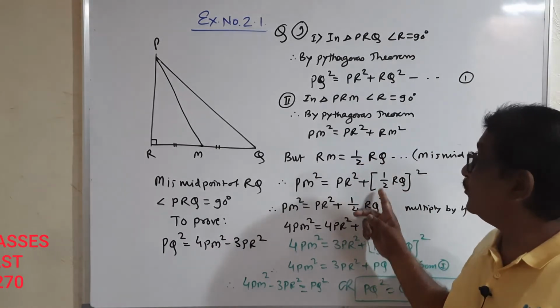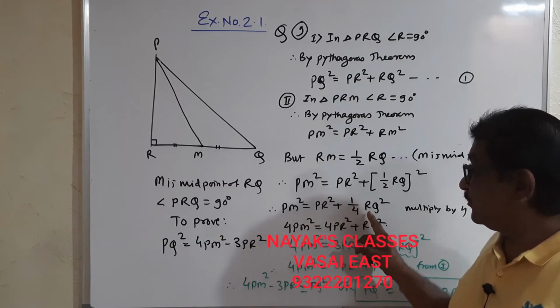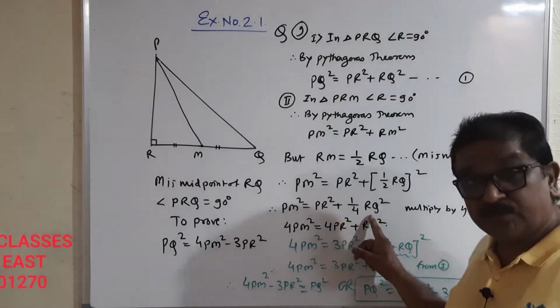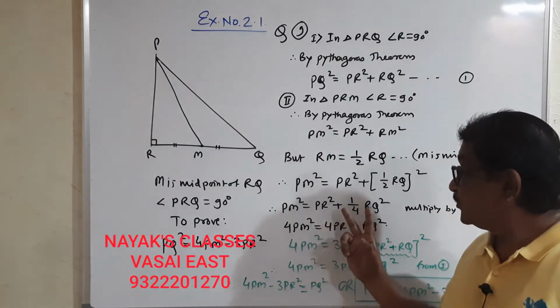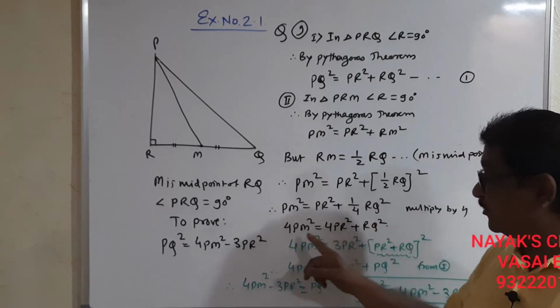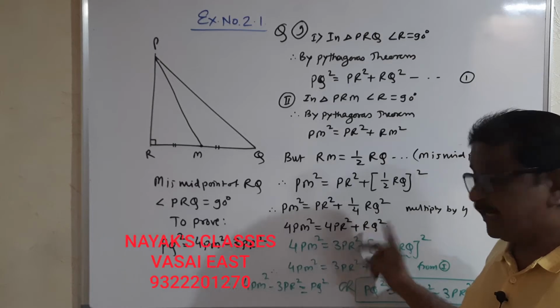We put that value in this statement. After solving, we got PM square is equal to PR square plus 1 by 4 RQ the whole square. So, multiplying by 4, we got 4 PM square, 4 PR square and RQ square.